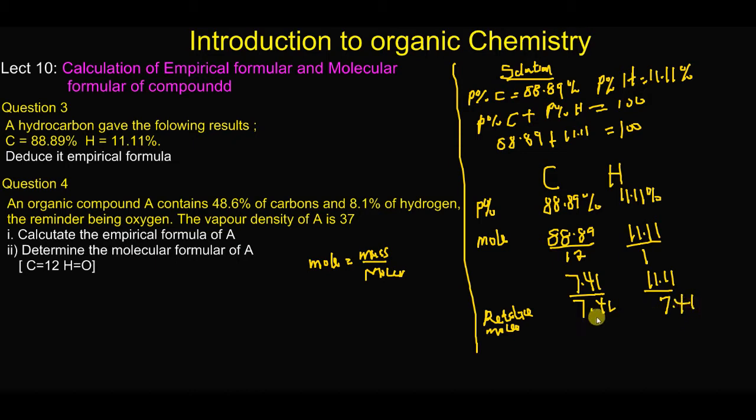When you do that, here you are going to get 1, and the other one you are going to get 1.49. You can see from here that you've gotten what we call the simplified ratio.